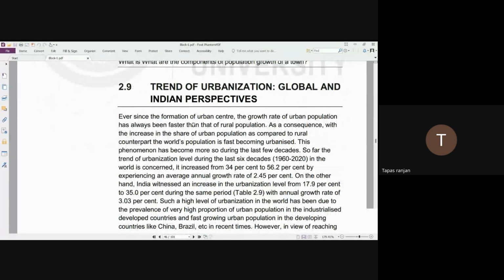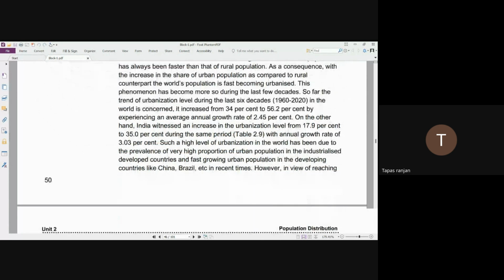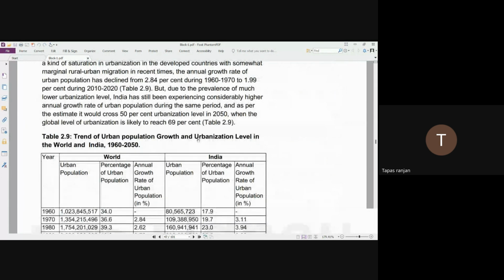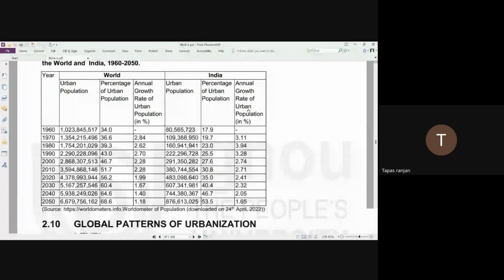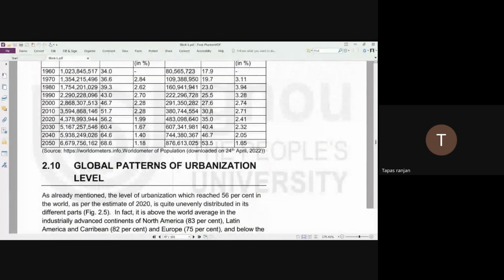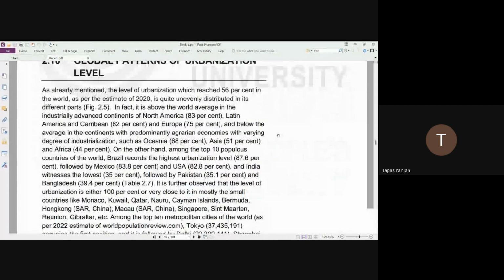So within trend, it basically defines different patterns of urbanization. I will not dive deep into this one. You have global patterns of urbanization level. You can go through it also.